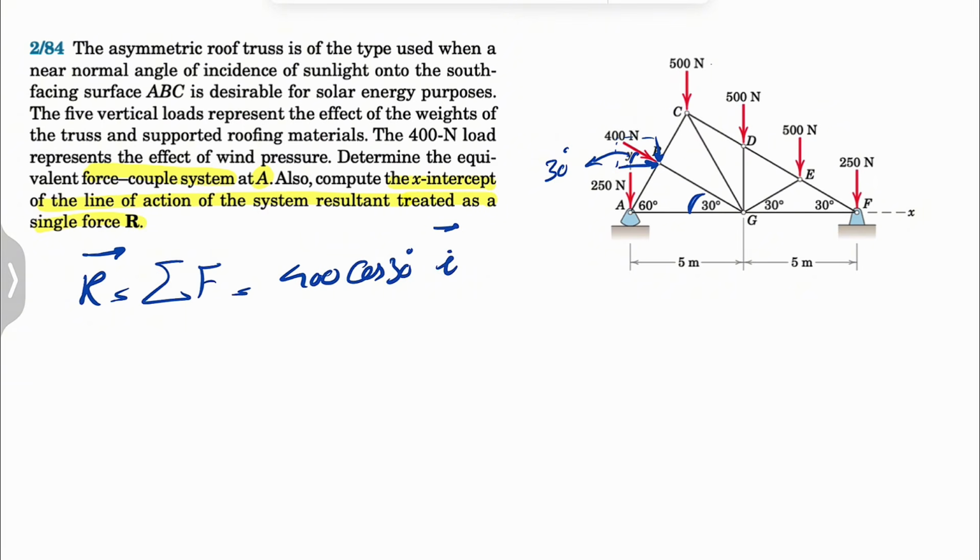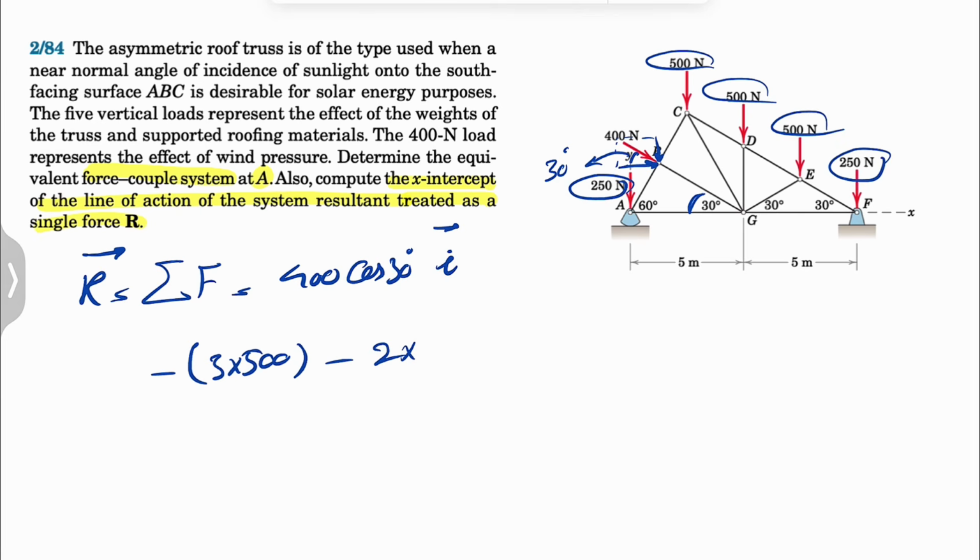For the j or y component, we have 1, 2, 3 forces of 500 downwards, so negative 3 times 500. We also have 250 at A and F, so negative 2 times 250. The last one is the y component of the 400, also downward, so 400 sine of 30 degrees, and that's going to be our j.